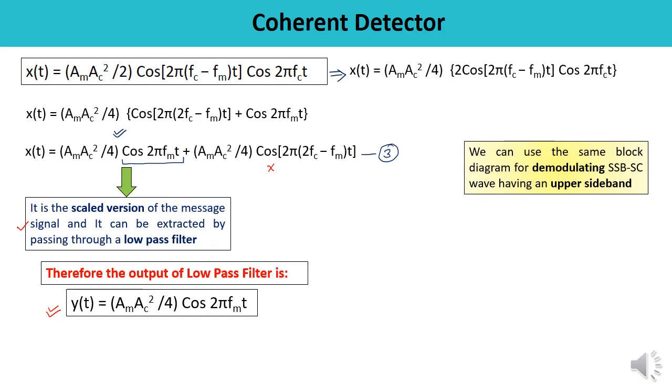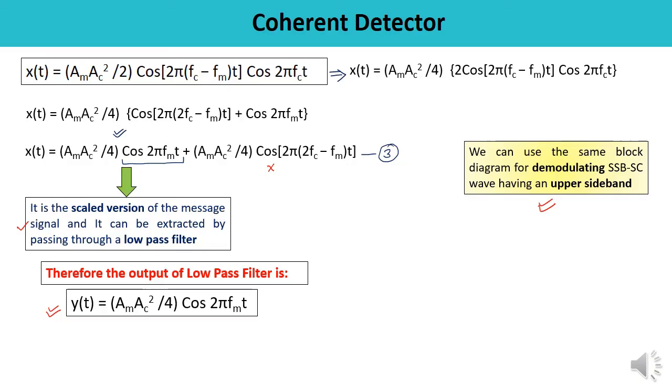And AM into AC square upon 4 is the scaled down version of the amplitude. Because we have done the whole derivation by taking the lower sideband equation, a similar process can be utilized by taking the upper sideband.